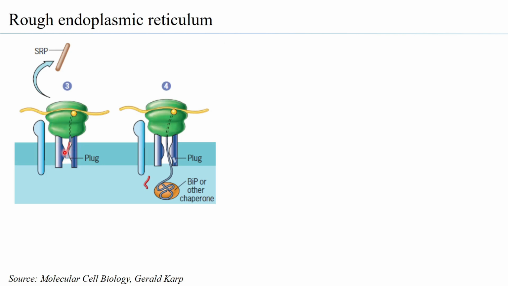The pore opens, and although the signal peptide can remain bound over here, the remaining polypeptide that is formed will now get translated and translocated as well. So you can say that translation and translocation are happening together.